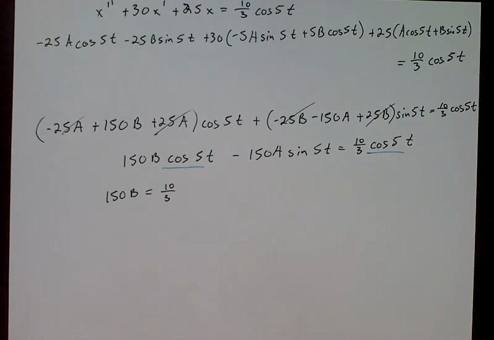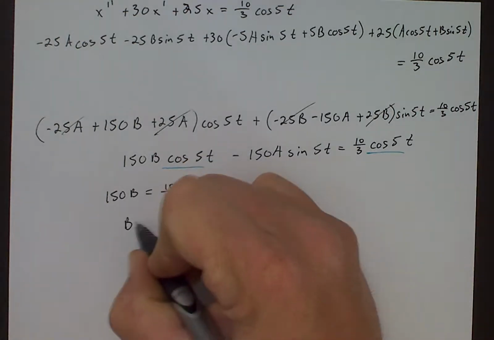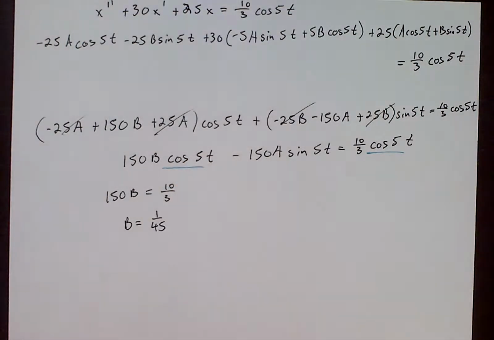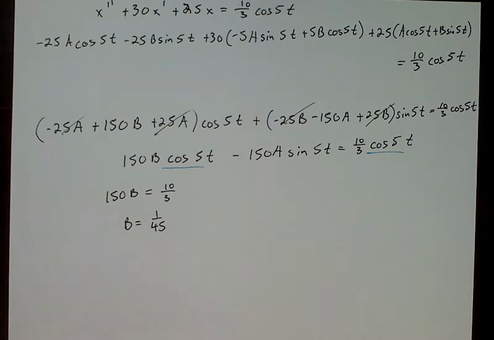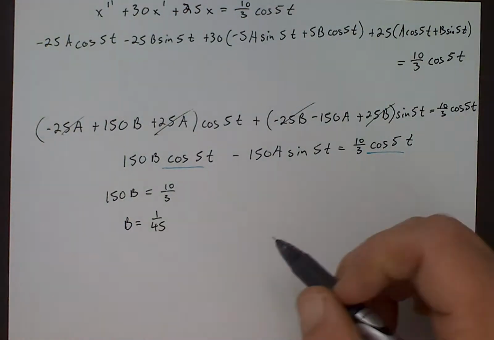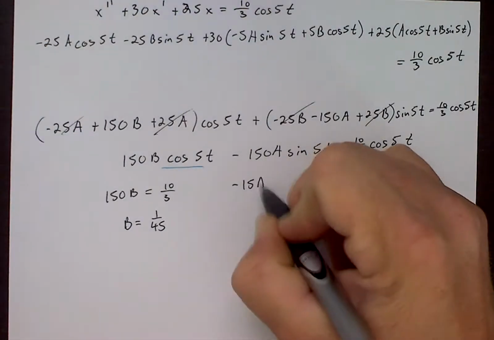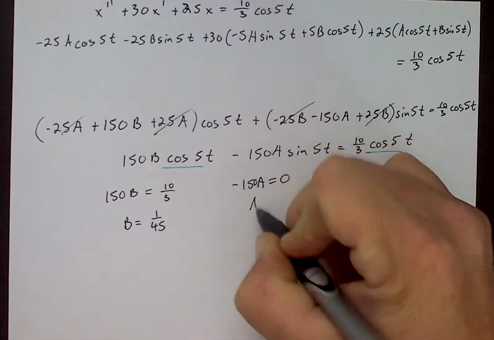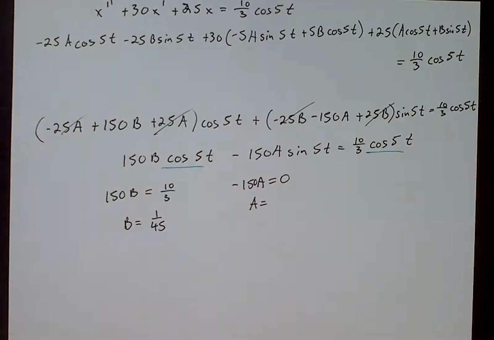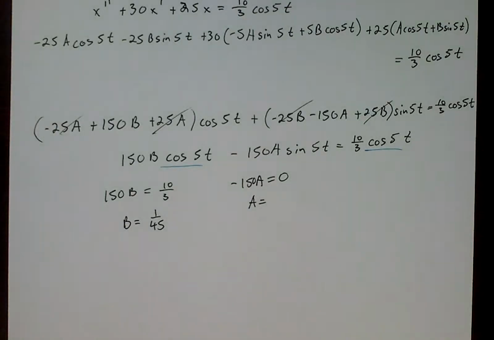So 150b equals 10/3. That ends up being 1 over 45. Dividing by 150, we get a 15 times 3 in the bottom. There is no sine, so negative 150a equals 0. Oops. A equals 0.